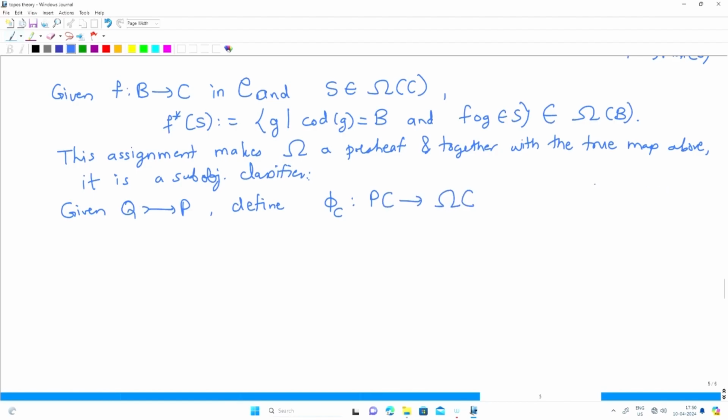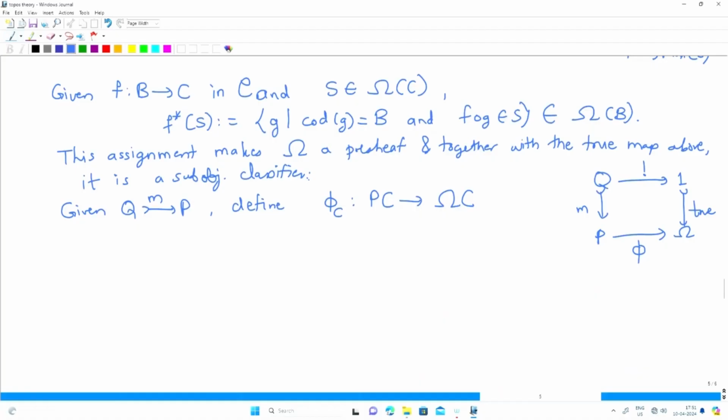Here is the diagram that we are trying to prove: this is 1, this is omega, this is our true map, and this is the monomorphism that I am using. I need to find a map from P to omega corresponding to this M, and I am going to call it phi. So I have to define phi C from PC to omega C for each C. What will I do?